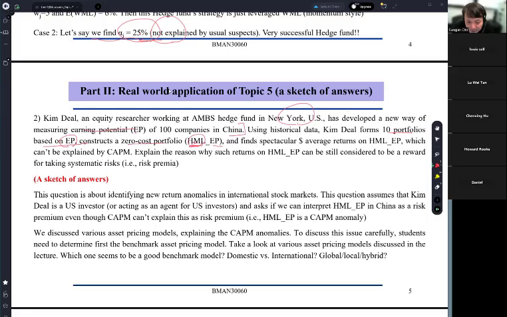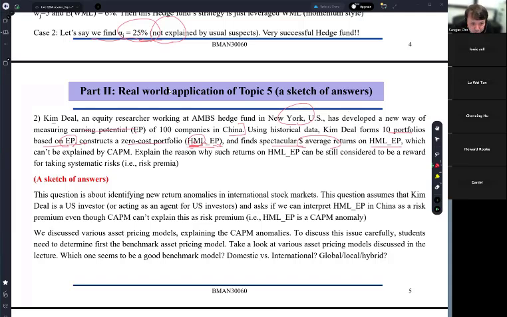It just means high minus low based on earning potential as a characteristic. Anyway, don't be confused. High minus low could mean many other things. High minus low on size, high minus low on value, right? Anyway, find a spectacular average dollar return on HML based on earning potential.